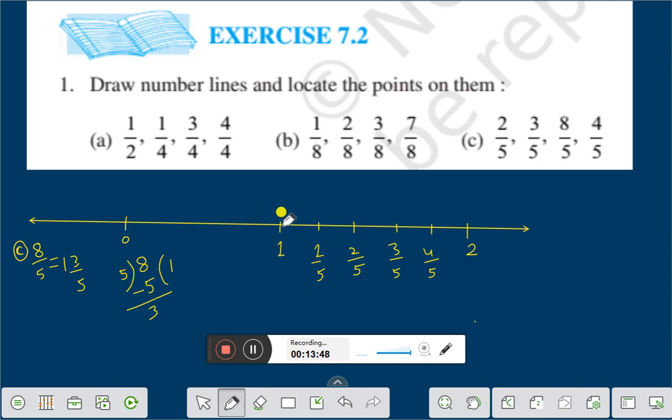That is, 1 whole is this one, right? And 3 by 5: this is 1 by 5, 2 by 5, this is 3 by 5. That means this whole number line, from 0 to here, represents 1 whole 3 by 5, right?